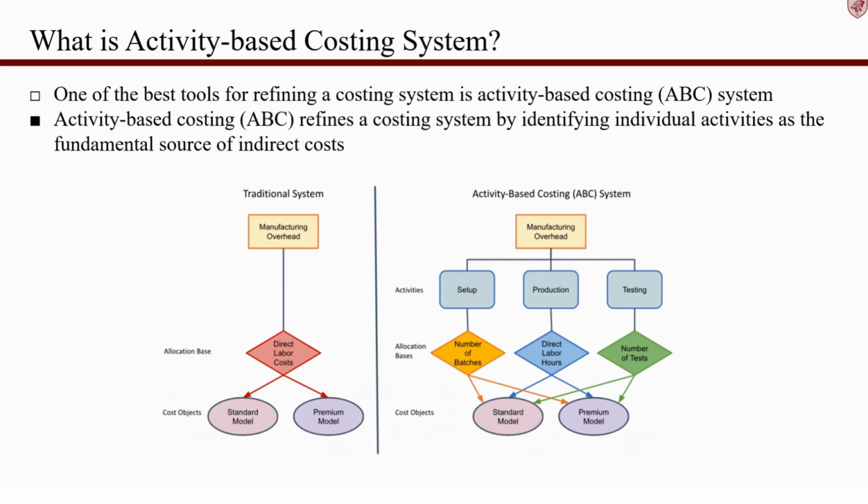But under the ABC, you can first identify what are different types of activities, right? Like the setup cost, or there can be production itself, testing. So all these activities are usually identified based upon what their allocation bases are. For example, the cost of a machine setup usually would be incurred not with the number of units produced, but with a batch of products.